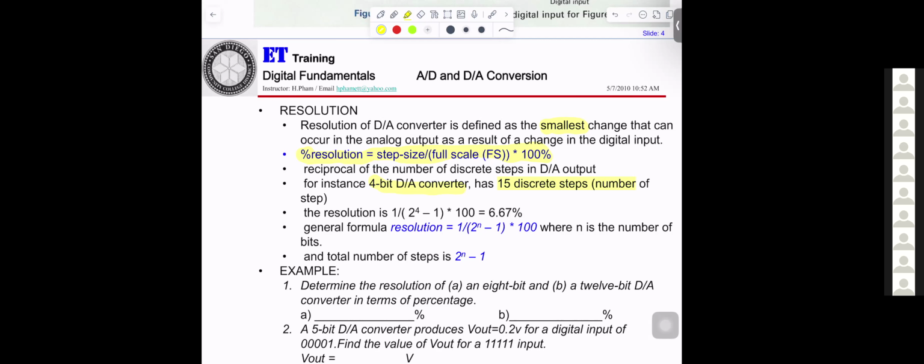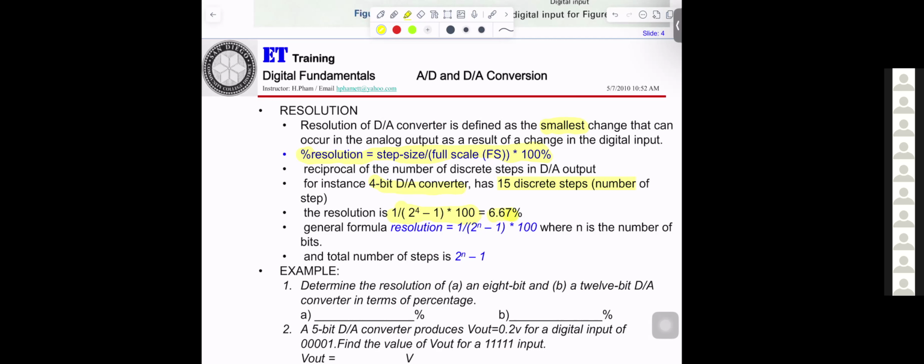You get 4-bit, they can go from 0 to 15. The resolution will be 1 divided by 2 to the power 4 minus 1, times 100%. You get 6.67%.